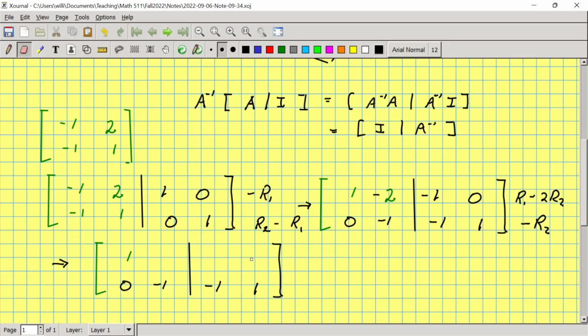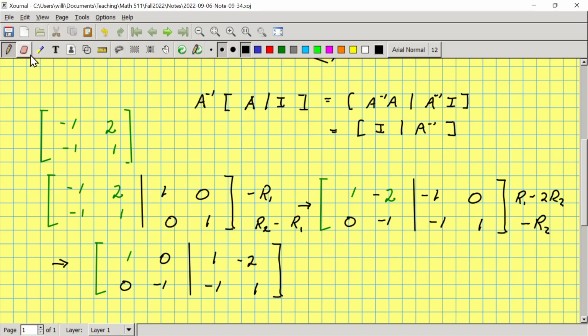But the thing about it is 2 times 0 is 0, and 1 minus 0 is 1. Okay, so 2 minus the negative 2 is 2 plus 2, which is 0, which was the whole point. And when I multiply negative 1 here by negative 2, I get 2. And 2 minus 1 is 1. And negative 2 times 1 is negative 2, plus 0 is negative 2.